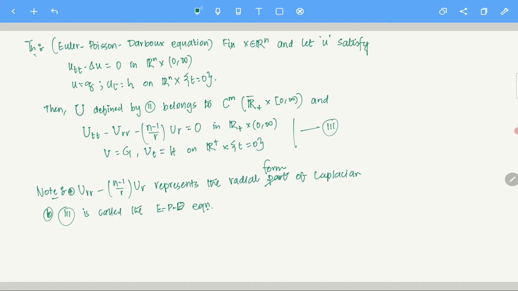So before I proceed with the proof of this theorem, let me tell you a small thing without writing anything. Okay, please just listen to this part. Laplace and heat equations have very similar behavior, they are very much related.